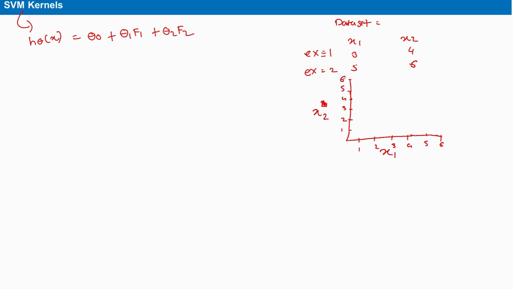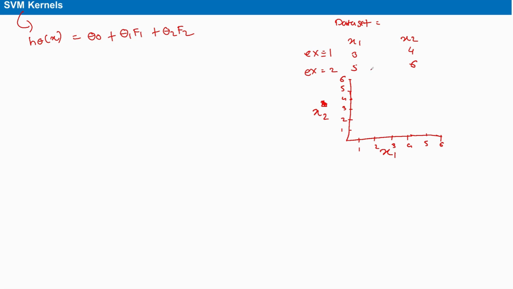So the first step of the SVM kernel is that it will create the landmarks. For example one we have the two features 3 and 4, and for example 2 we also have two features.